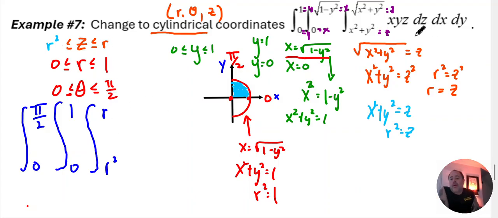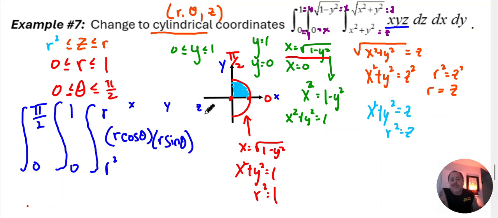Then we're going to simply write down the conversion factors for x, y, and z here. So x is equal to r cosine of theta, right? That's what the x would be. The y is going to be r sine of theta. Well, z is just z.